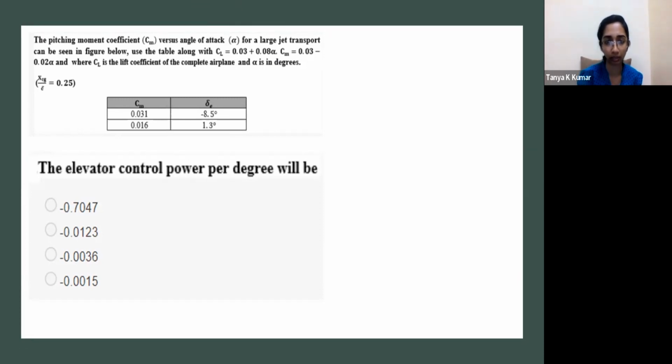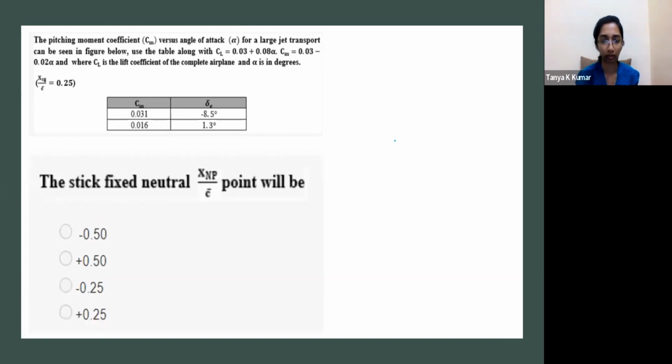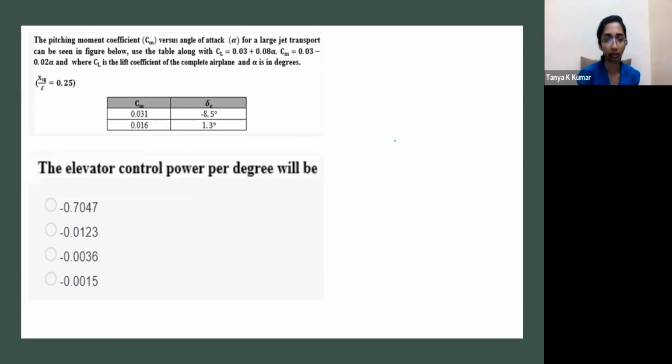Cm delta E, in this case, would be what? You just find the slope of the line, which is 0.031 minus 0.016 by minus 8.5 minus 1.3. All values are in degrees, so you can find it in per degrees.